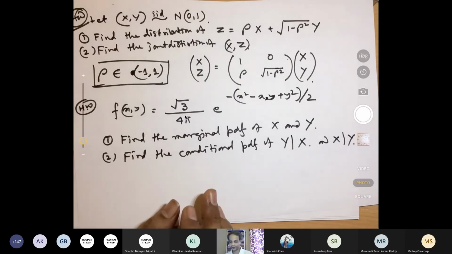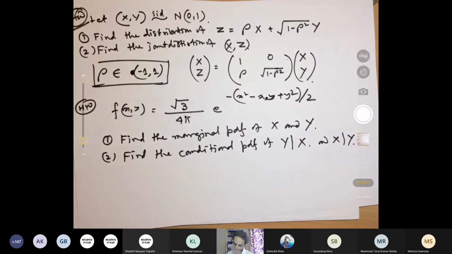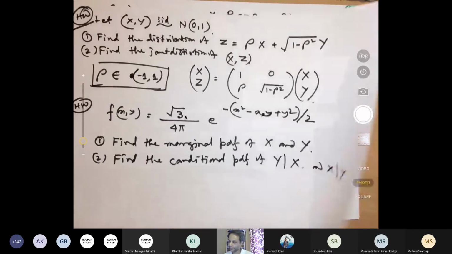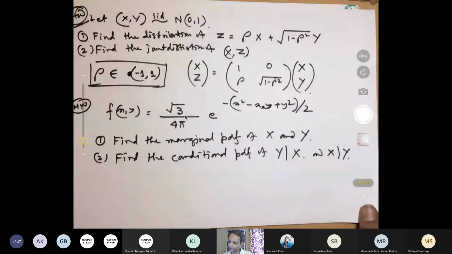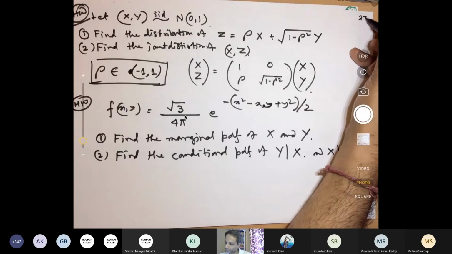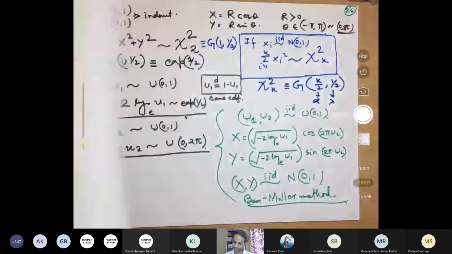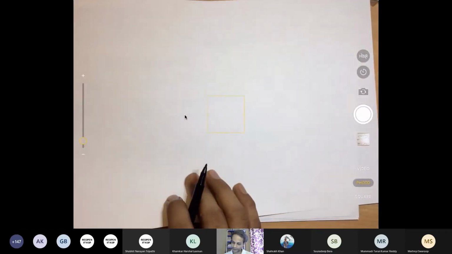Okay, so now I'm trying to show you another result, which is a little bit different, and the method of transformation is also not the usual. So let us do that. The rest of the things are as trivial as we have done.